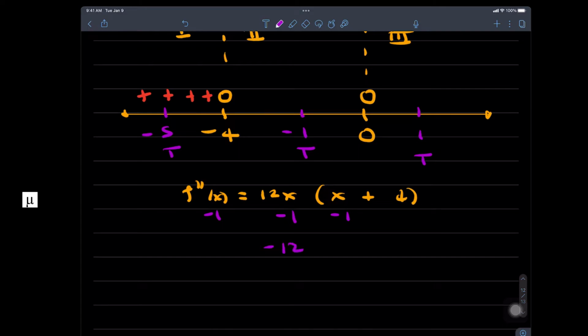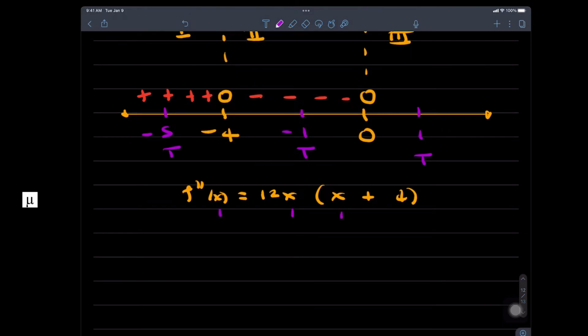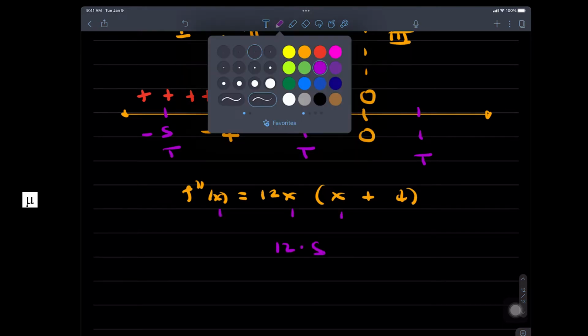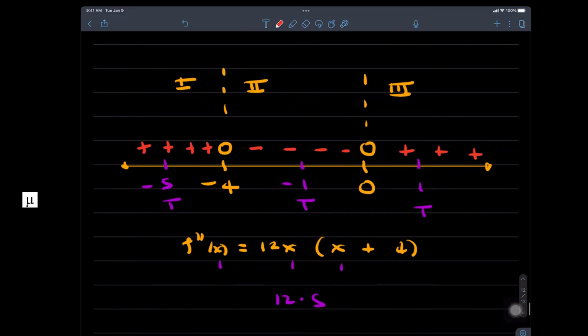It's negative 12 times, what's negative 1 plus 4? Isn't that 3? So a negative times a positive will give you a negative. Now test positive 1 here. 12 times 5 will give you a positive.